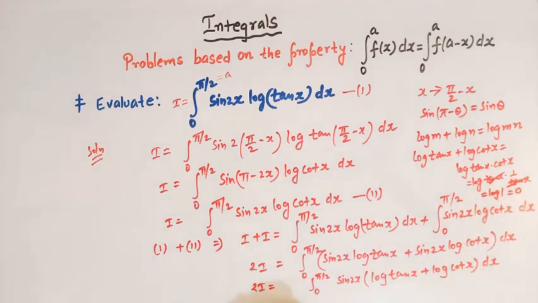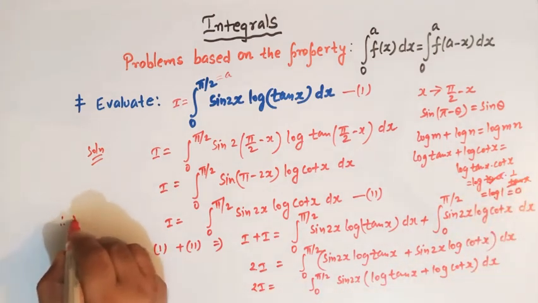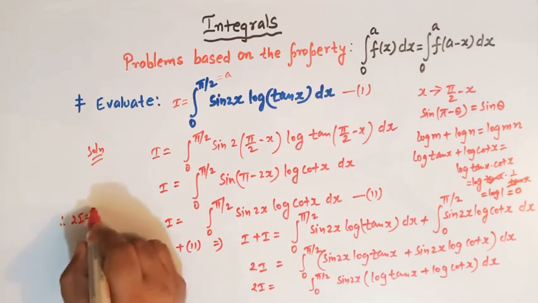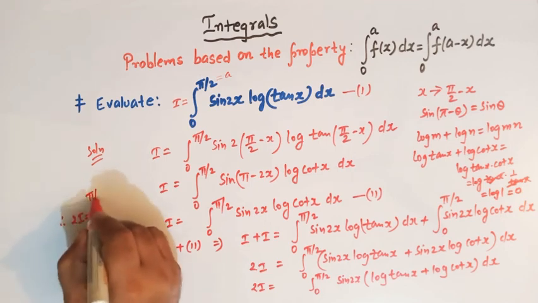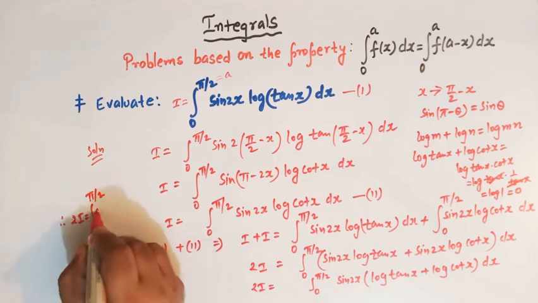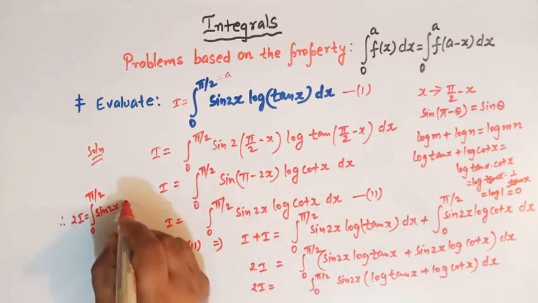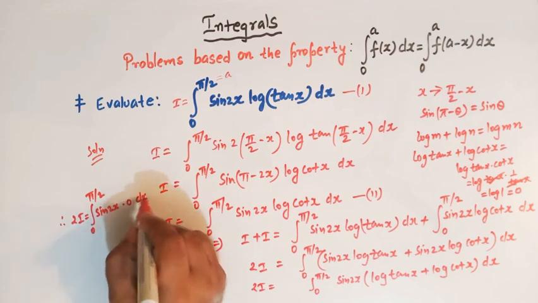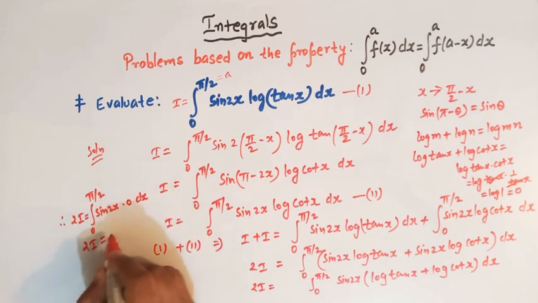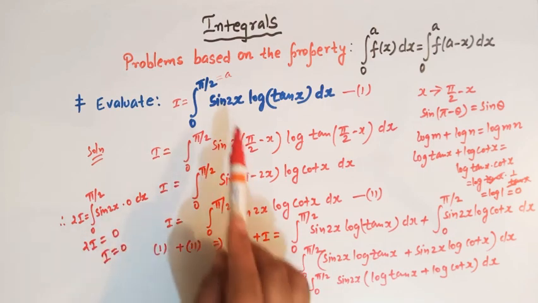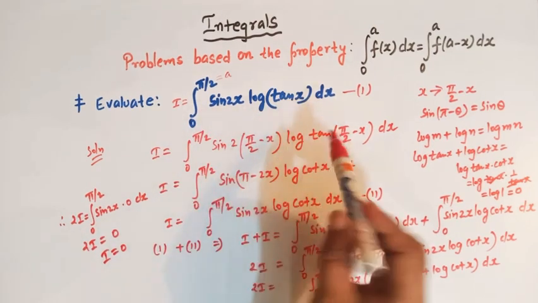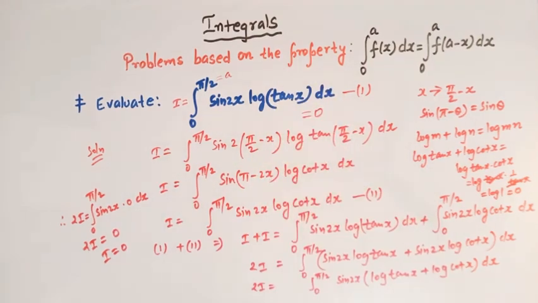So this term becomes 0, so therefore 2I becomes equal to integral from 0 to pi by 2 of sine 2x, and this expression becomes 0, so here we have 0 dx. So 2I is 0 and I is 0. So therefore the value of this integral is 0, right?